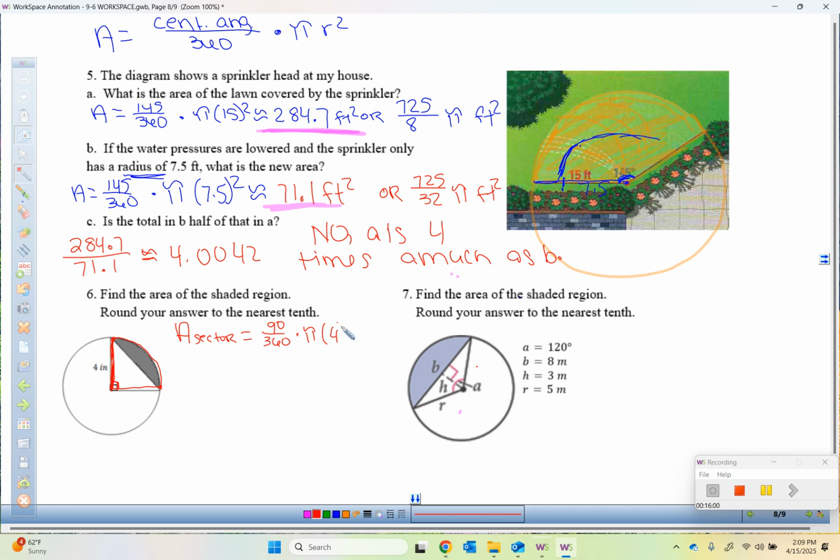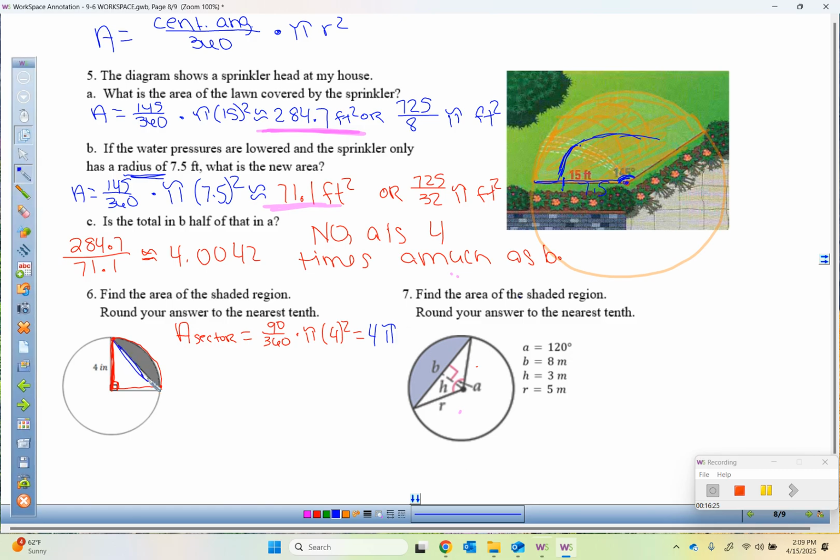Yep, it's 4, it's this right here. 4 squared. Okay, so let's see what we come up with. And I got 4 pi. Is that what you guys got? 4 pi. Okay.